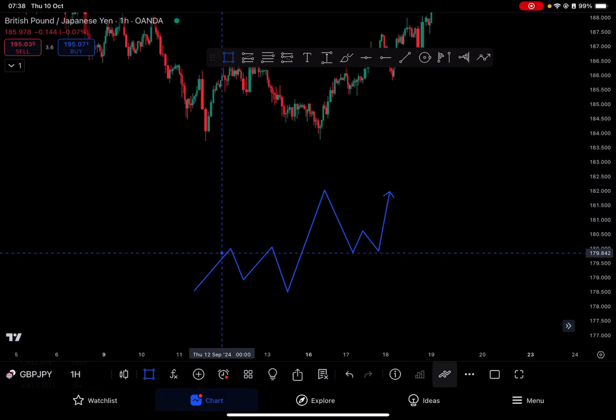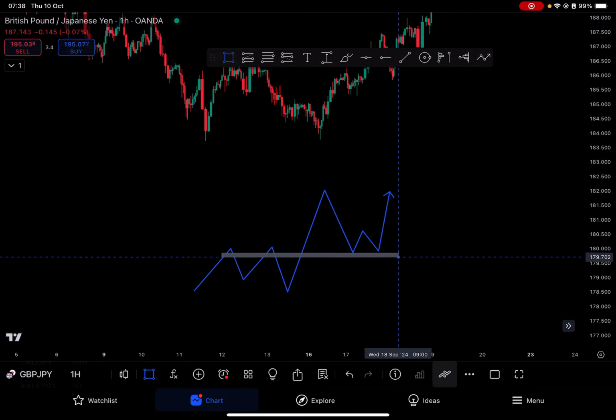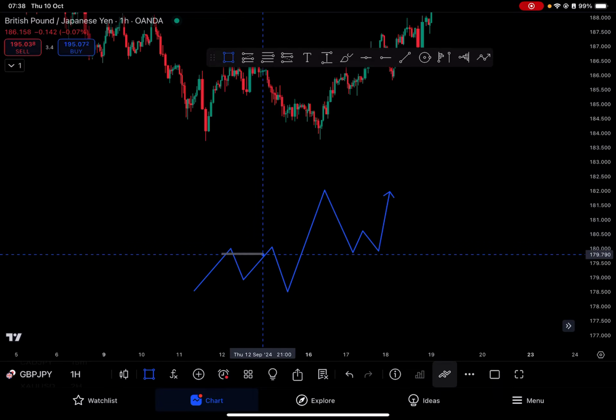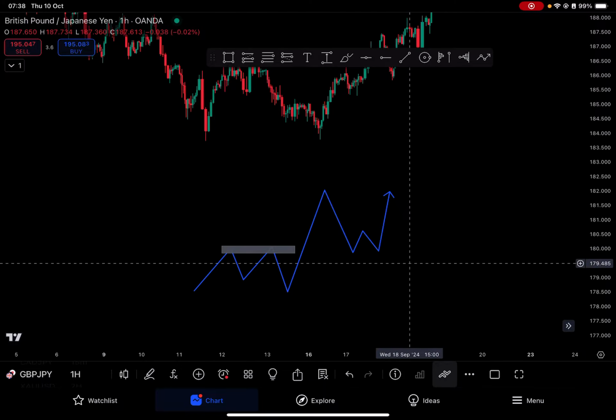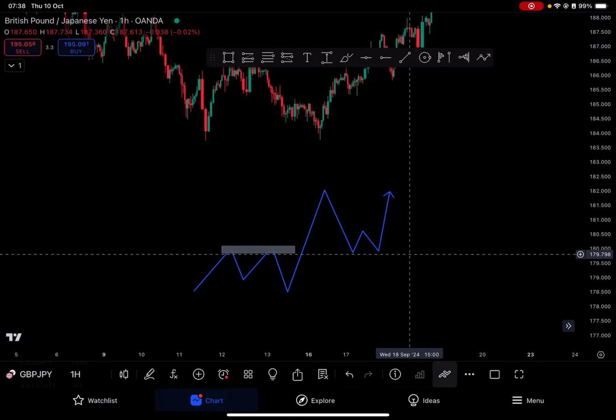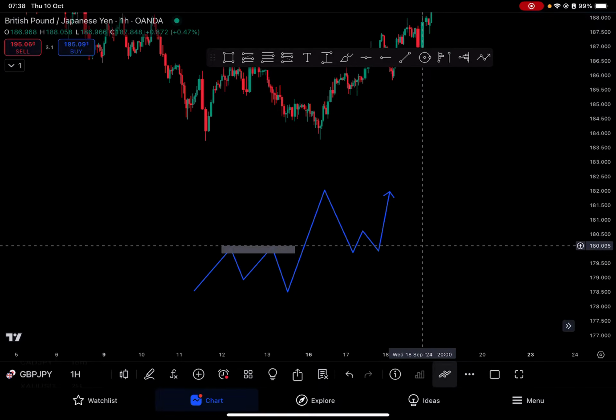So the first thing I explained to you was, what is a zone? Well, when you look at this crosshair, you see that it goes to 179.842. And if you drag this, for the first part, all the way up to here, the region from 179.798 to 180.112 is a level that price is extremely interested in.